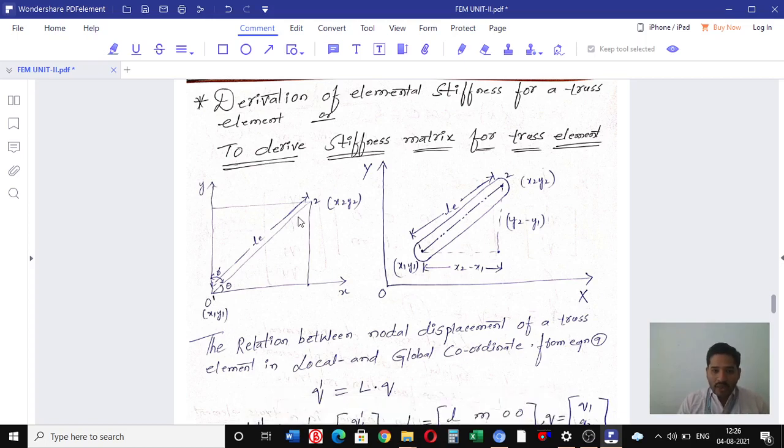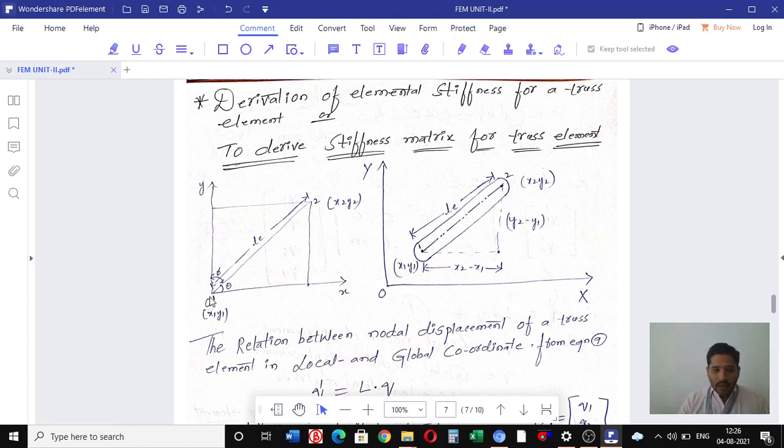The length from the first node to the second node is LE, and this bar is making the angle theta with the horizontal axis, as well as phi with the vertical axis.